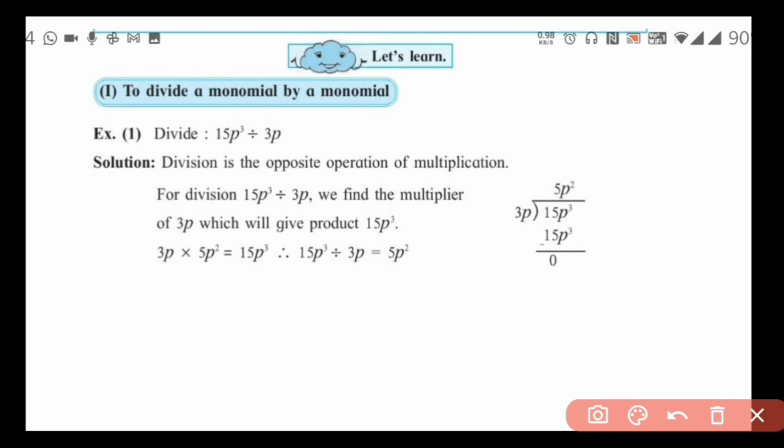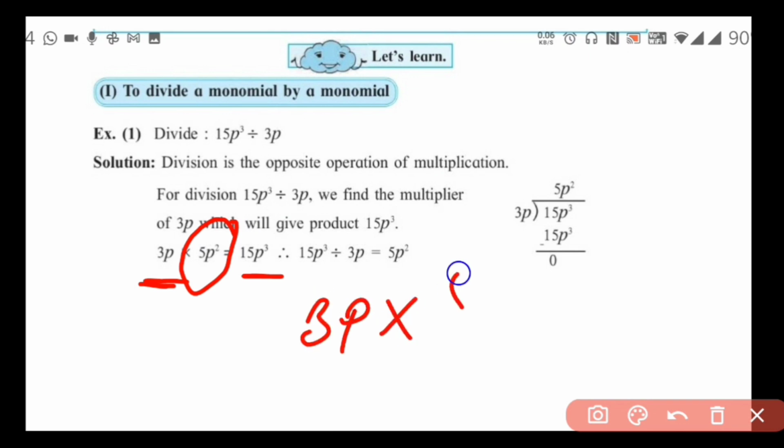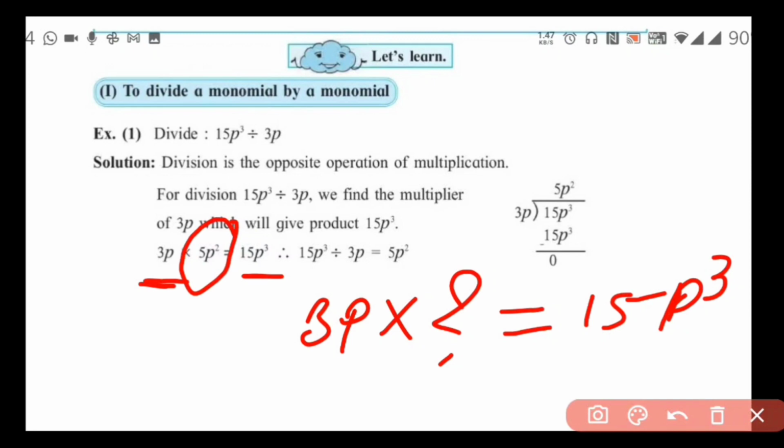That means we have to see 3p multiplied by what? The answer should be 15p cube. So 3p multiplied by 5p square gives the answer 15p cube.